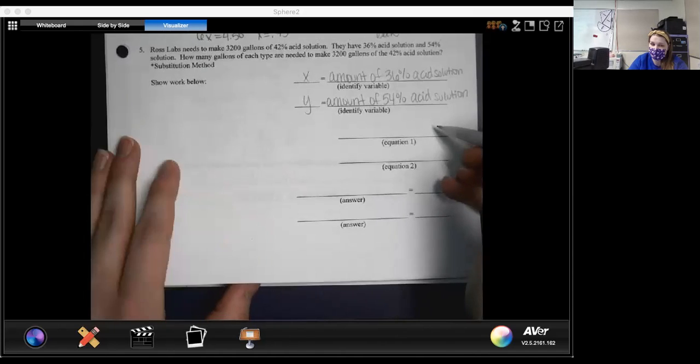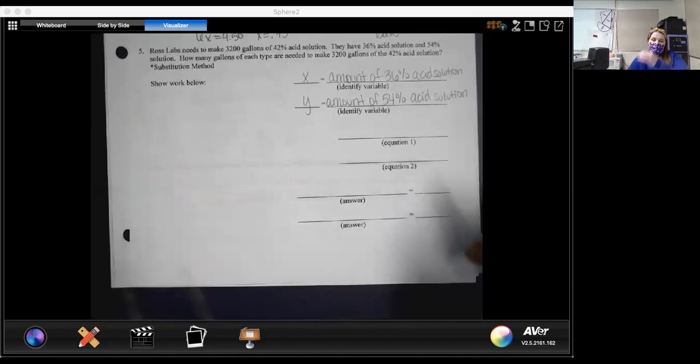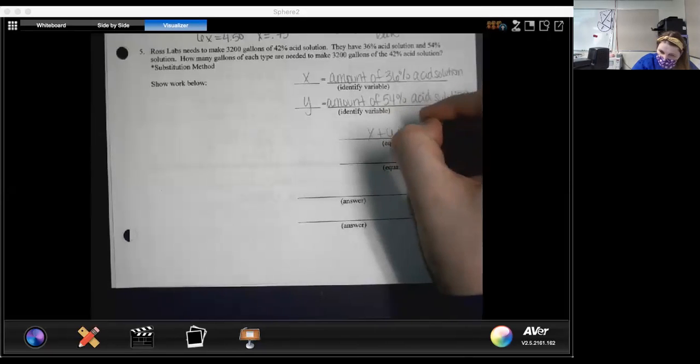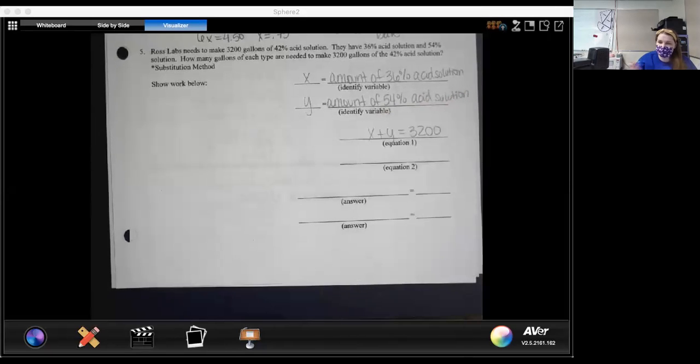So just looking at the gallons alone, how would I state that equation? We need 3,200 gallons total. Anyone can respond or make a guess. Yep, x plus y equals 3,200. In total, we need 3,200 gallons.